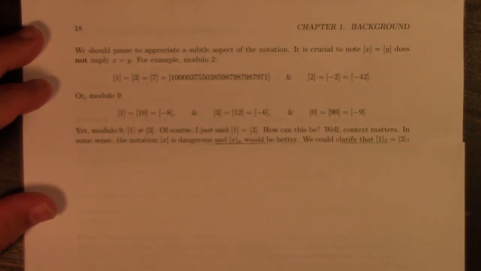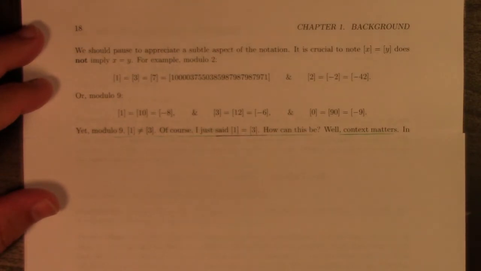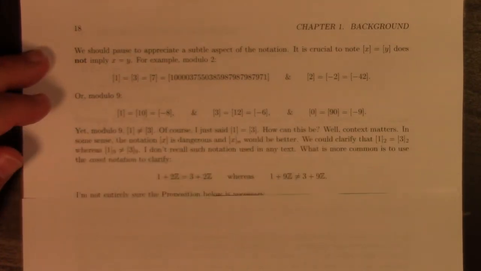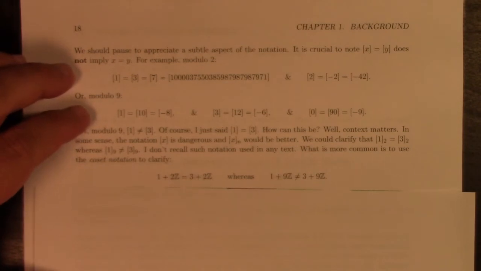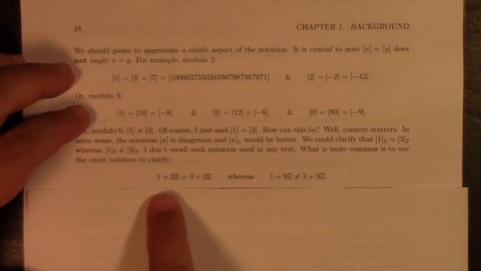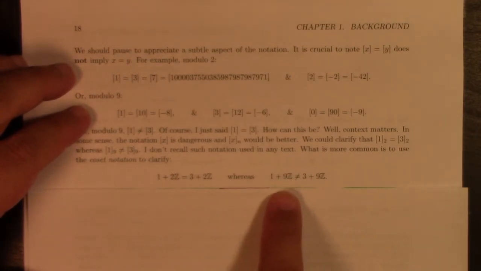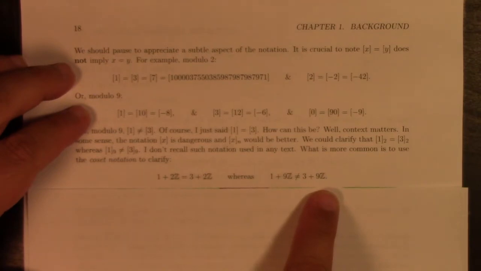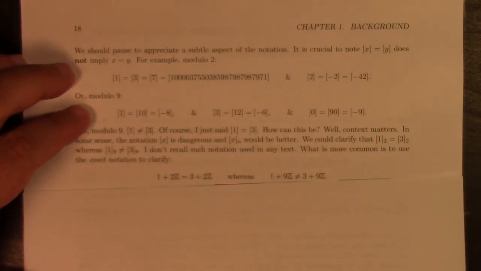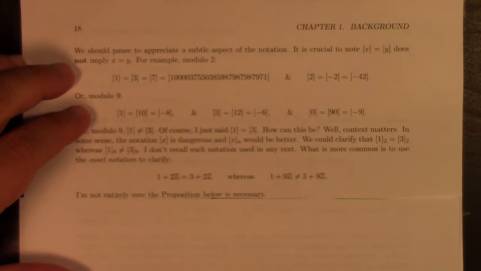All right, and you notice that the congruence classes of 1 and 3 are not the same modulo 9. This is where the coset notation makes it clear. 1 + 2Z is equal to 3 + 2Z, but 1 + 9Z is not equal to 3 + 9Z.